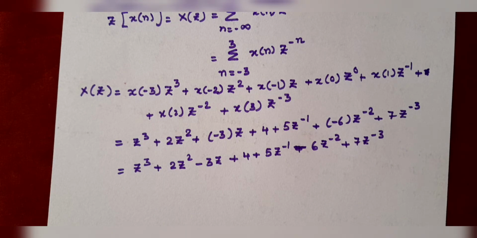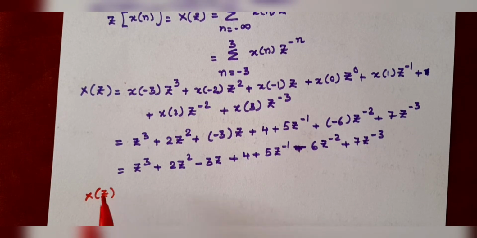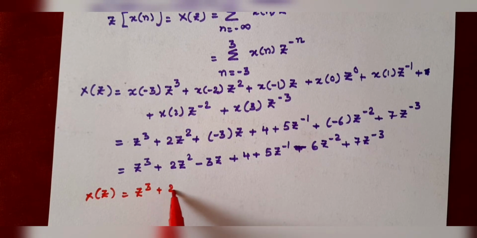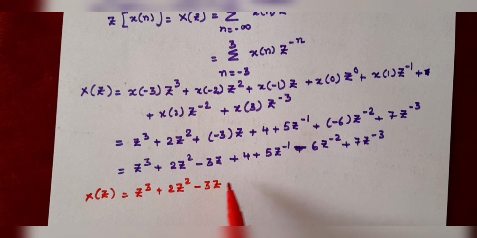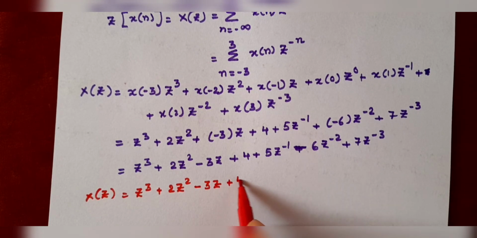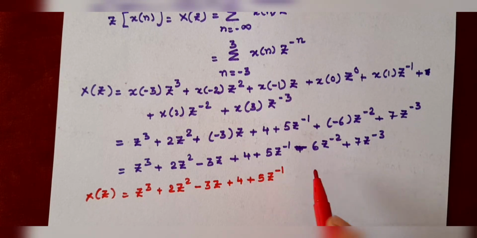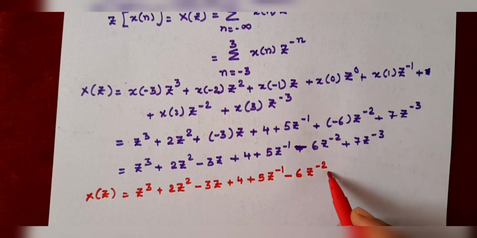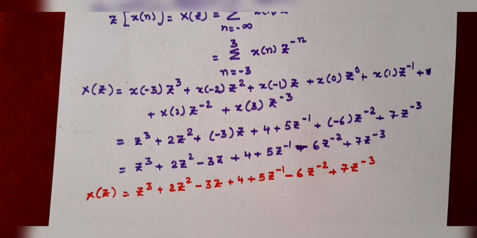So, we can write x of z value as z to the power 3 plus 2z square minus 3z plus 4 plus 5z to the power minus 1 minus 6z to the power minus 2 plus 7z to the power minus 3.